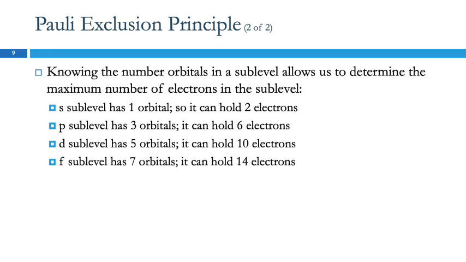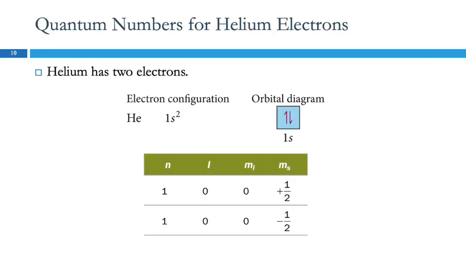This is true, but I don't think it's worth talking about. So let's talk about helium then. Well, helium has 2 electrons. So the electron configuration for helium would be 1s2. Here's the orbital diagram. So we have 1 electron spin up and 1 spin down. And if we look at the quantum numbers for these 2 electrons, they're both in principal energy level 1.